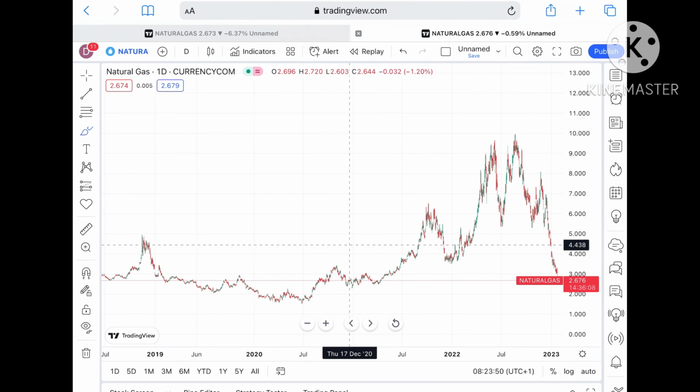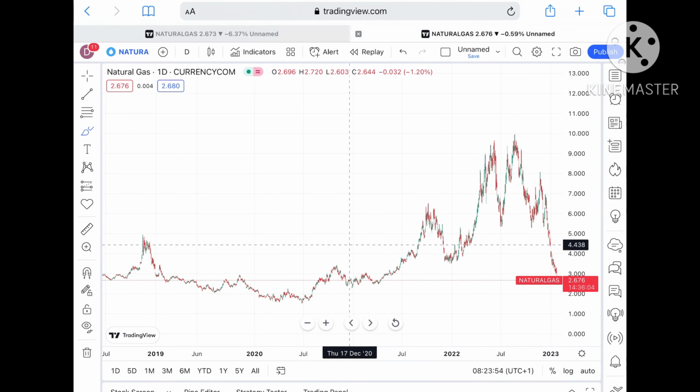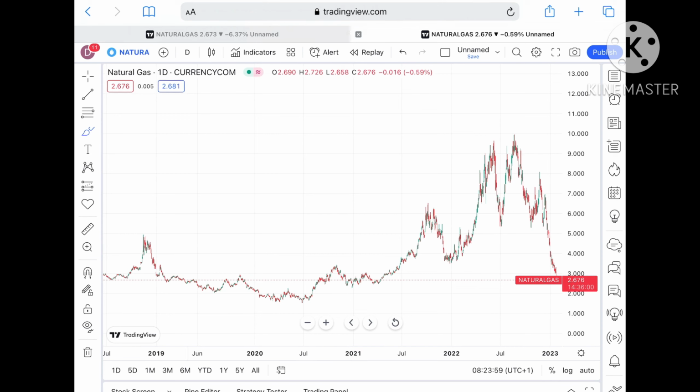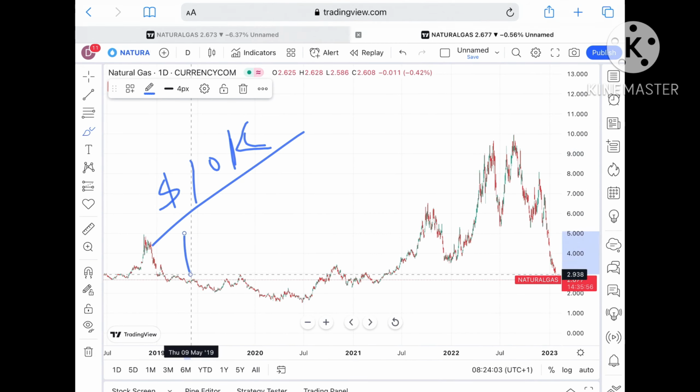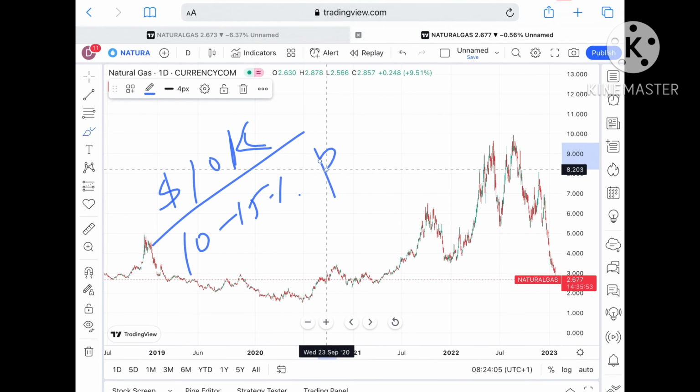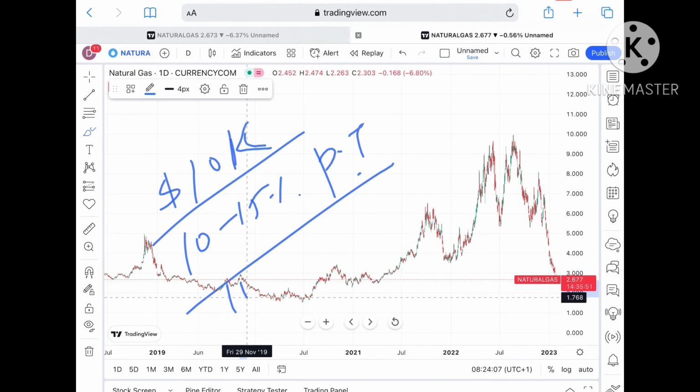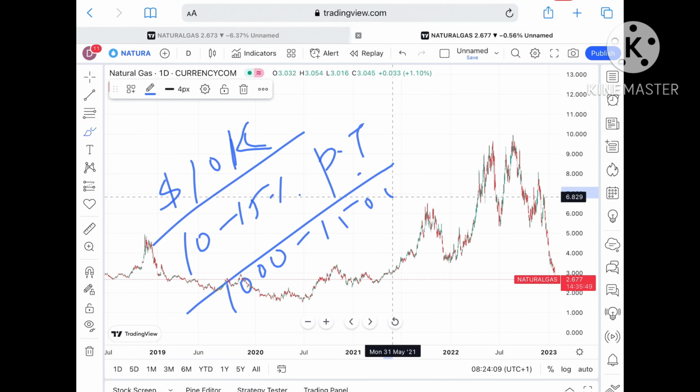Now understand something, what mistake most traders or people make. See, what I teach in my workshop, I'll tell you some of it. Suppose you are trading with $10,000, try to trade with 10 to 15% of capital per trade, that is 1000 to 1500.